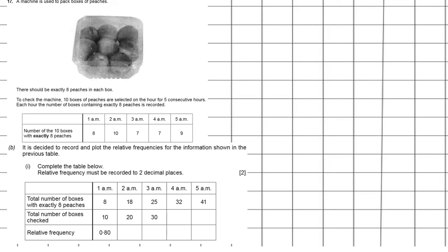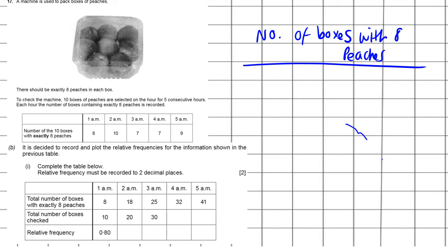So how do we calculate relative frequency? It's the total number of boxes with 8 peaches divided by the total number of boxes checked. So let's do 18 divided by 20.